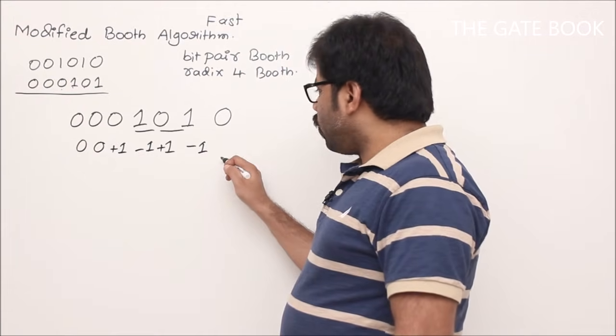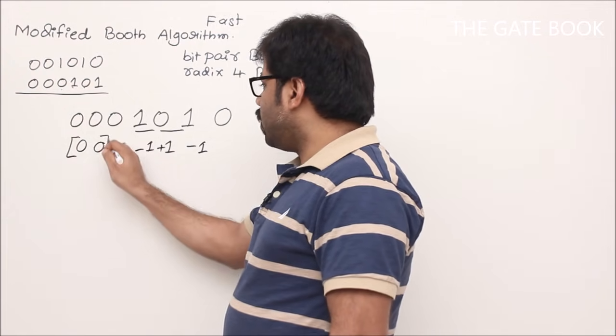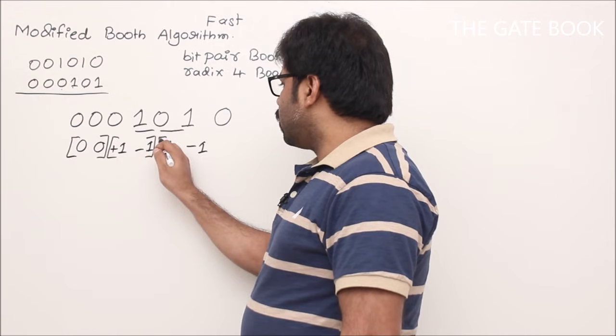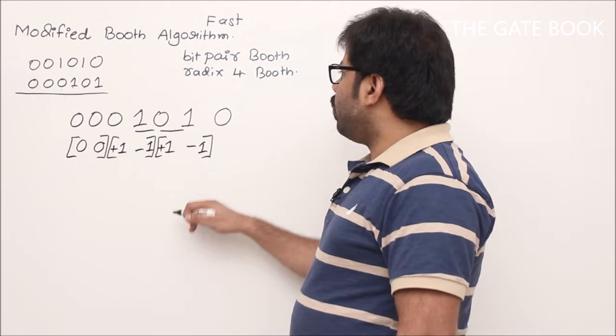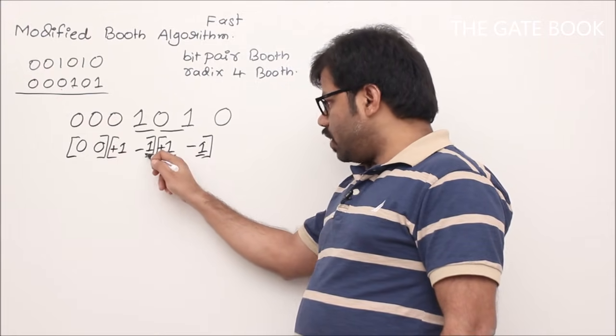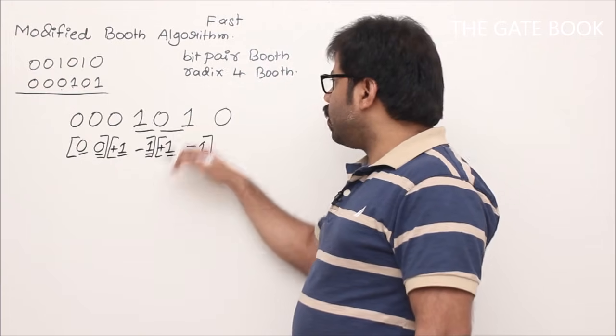Now what we are going to do in the modified Booth algorithm, once that is done, is pair these digits like this. When you pair like this, your base 2 will become base 4. That means I am taking all the digits of this Booth multiplier and converting into radix 4.